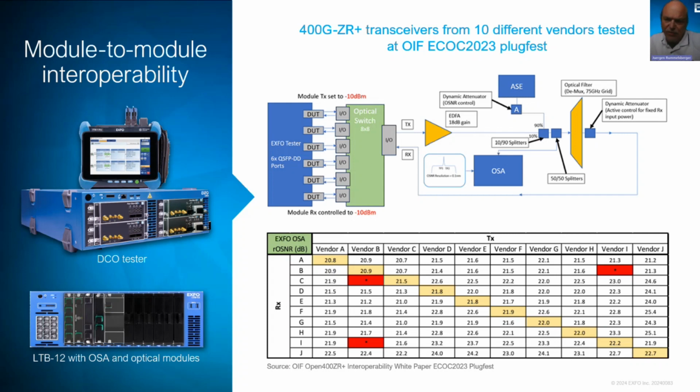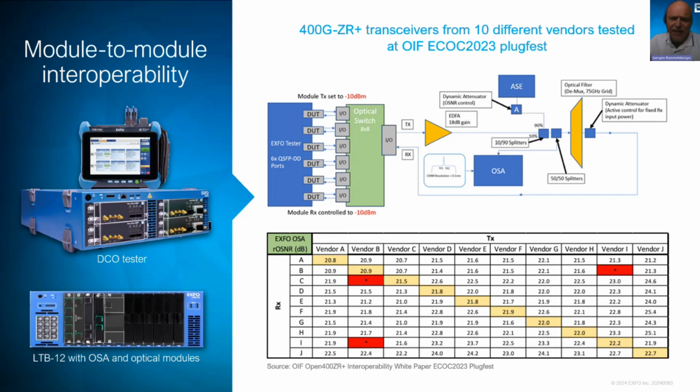So these pairings had to be investigated, but were successfully operated accordingly. So in summary of the ROSNR threshold measurements, they meet the OpenZR Plus MSA requirements for the RX tolerance value. So here the required value is below 24 dB per 0.1 nanometer bandwidth. So this is following the MSA conditions.